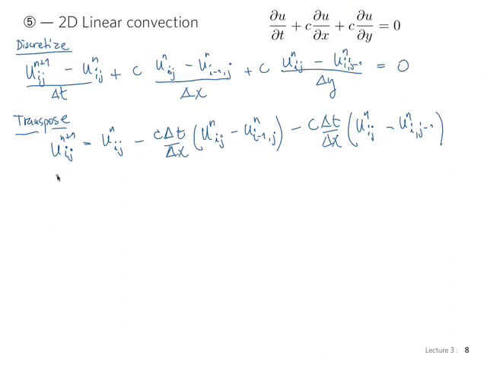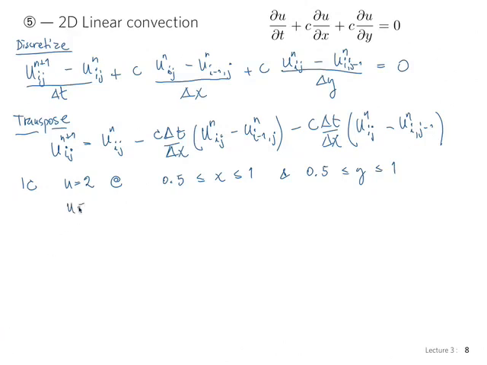So you're going to do this with the following initial condition. Your initial condition is going to be u equal to 2 on the square domain with x between 0.5 and 1, and also y between 0.5 and 1.